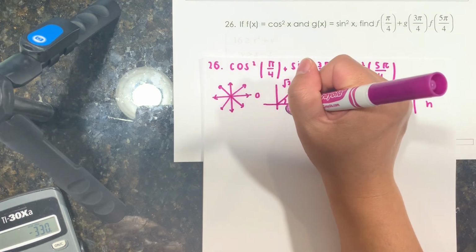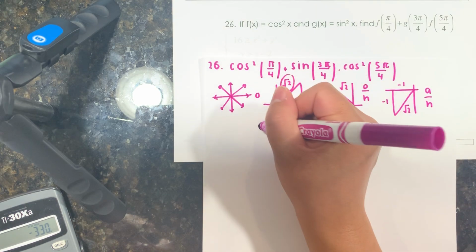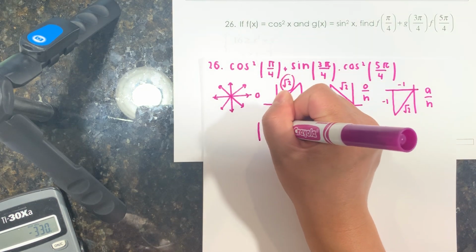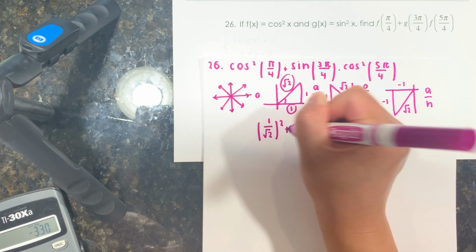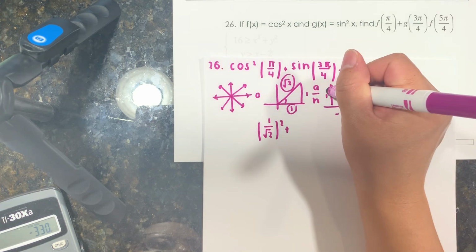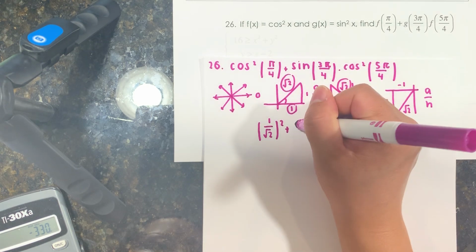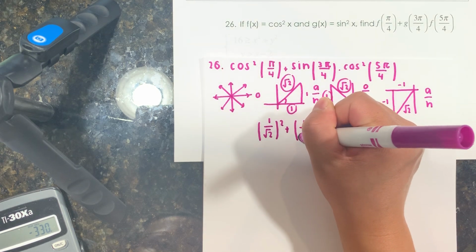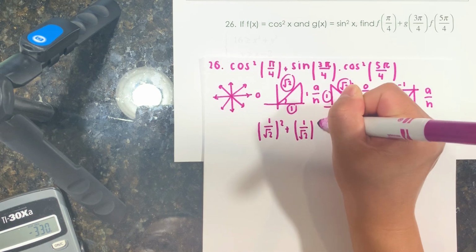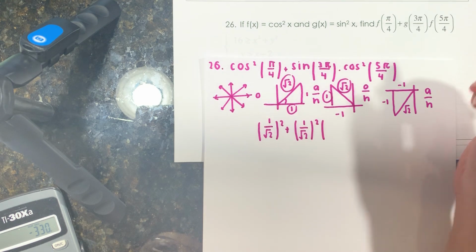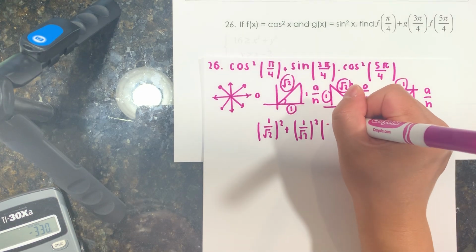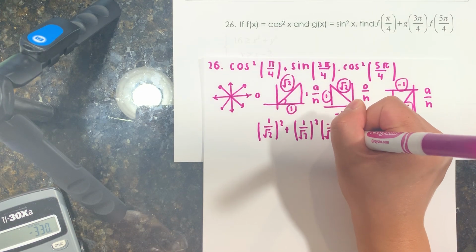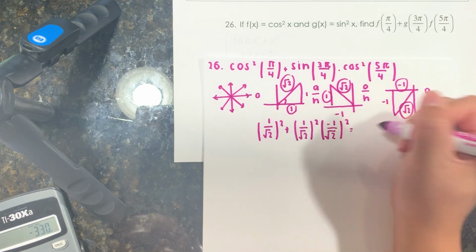So for the first one, I have adjacent over hypotenuse, which will be 1 over root 2. And I'm going to square that. Second one is going to be opposite over hypotenuse, which is going to be 1 over root 2, squared as well, times the cosine of the next one, which is adjacent over hypotenuse, which would be negative 1 over root 2 squared.